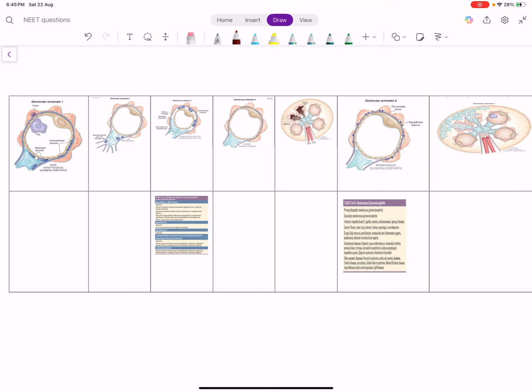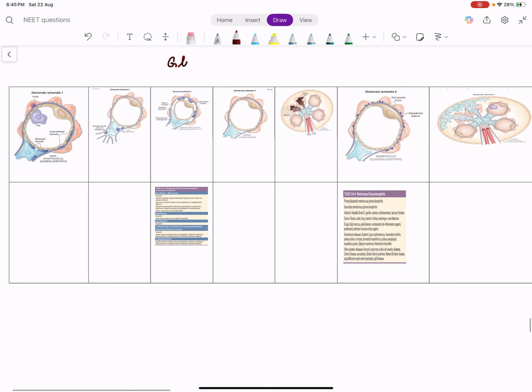Now, since we discussed two syndromes, AKI and CKD, I told you in these diseases we have intrinsic renal diseases. So we will discuss intrinsic renal diseases affecting the glomerulus.